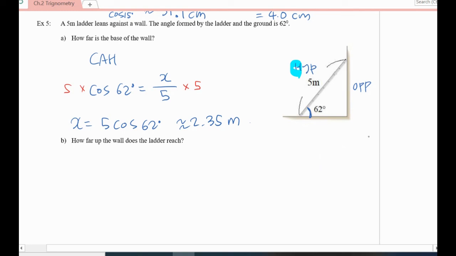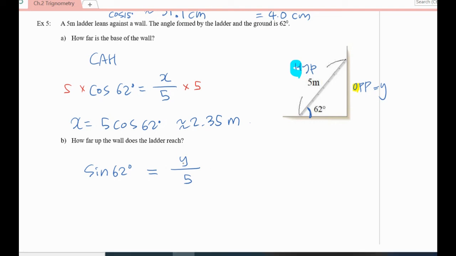How far up the wall does the ladder reach? Erase this, and we're going to find opposite. Let the opposite be y. Then OH, so we're using sine 62 degrees, opposite over hypotenuse. We know hypotenuse, and we're going to find the opposite.